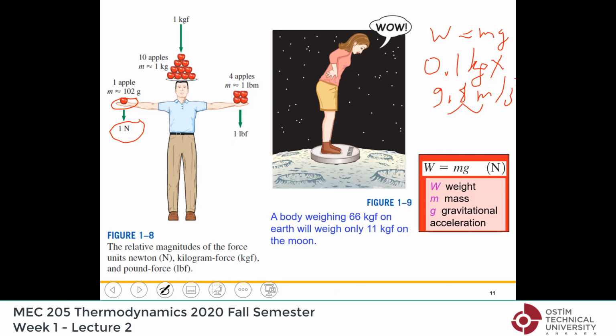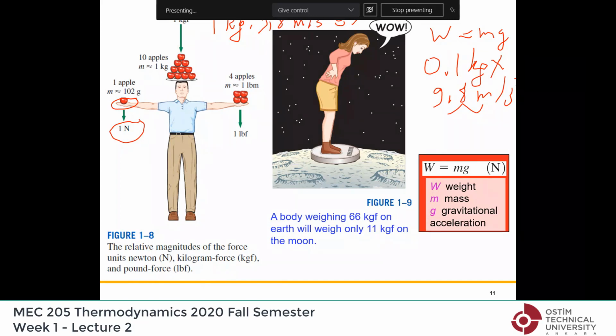Now, if let's say we have a mass of 1 kilogram, okay, what is the weight of it? You multiply this by 9.8 meter per second square. Okay, so this is like 9.8 Newton. That is, the weight of 1 kilogram is 9.8 Newton.